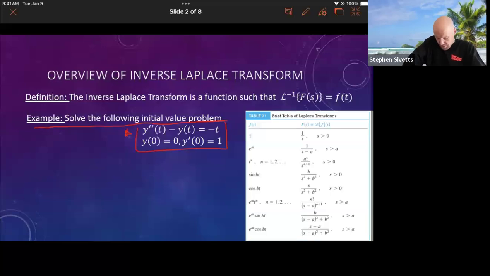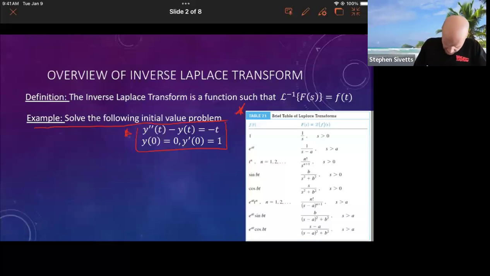Okay. And we know that if t is 0, y of 0 is 0. And if t is 0, y prime of 0 is 1. And then just to inform yourselves, I hope you have this table written down or glued to your brains, because it will be useful in the next couple videos from now. So hopefully you wrote those down.